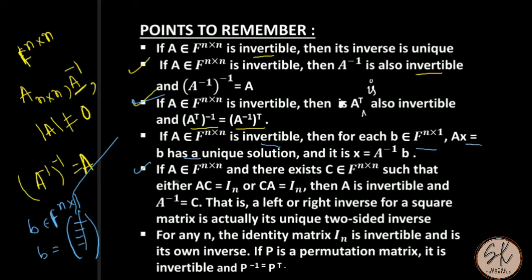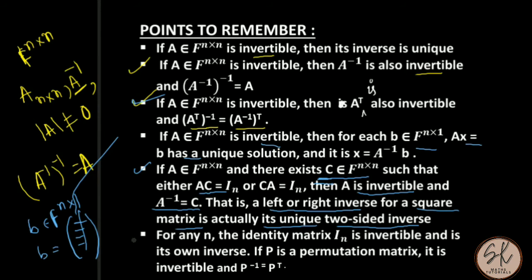Next point is, if A belongs to F^(n cross n), that is, A is an n cross n matrix, and there exists C belonging to F^(n cross n) such that either A into C is equal to the identity matrix of order n, or C into A is equal to the identity matrix of order n, then A is invertible and A inverse is equal to C. Okay, that is, a left or right inverse for a square matrix is actually its unique two-sided inverse.